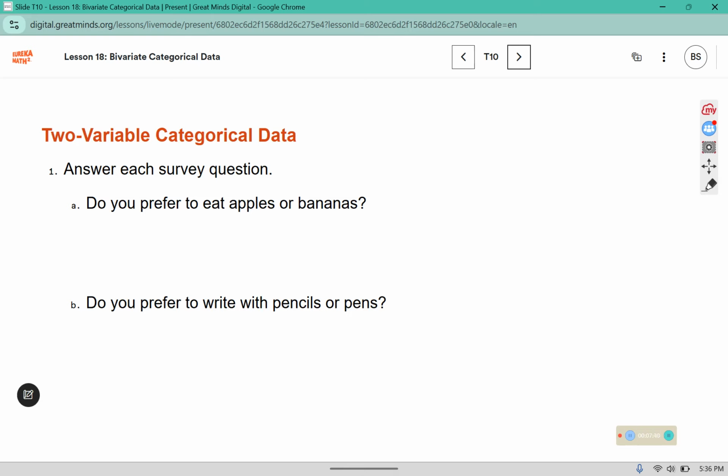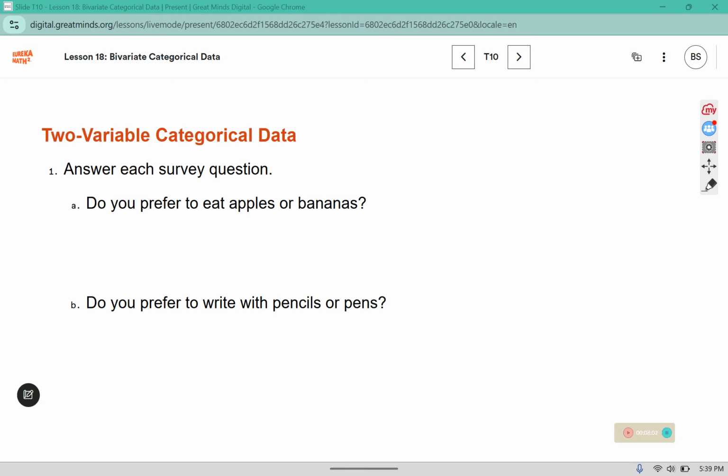Answer each survey question. In the previous problems, we examined one variable, the preferred fruit. Now we're going to look at if there's an association between a student's preferred fruit and their preferred writing utensil, which means we're going to look at two variables at once.